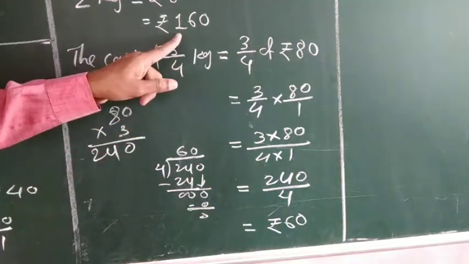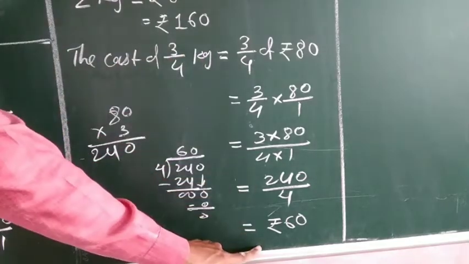So see, this is the cost of what? Cost of 2 kg and it is the cost of 3/4 kg.